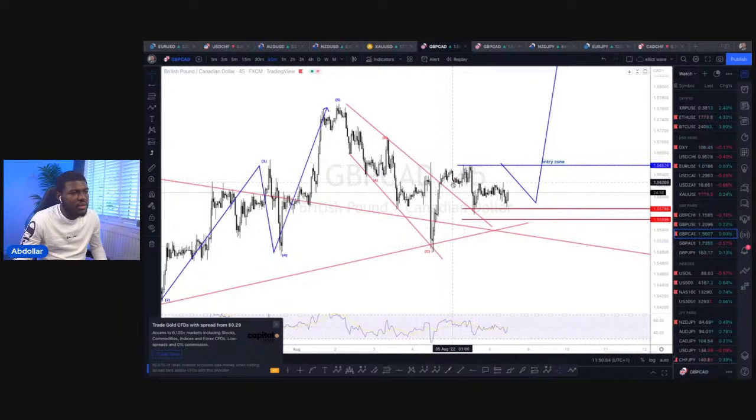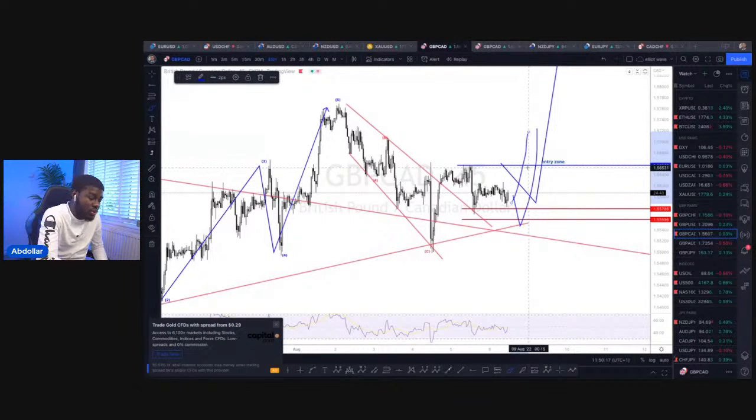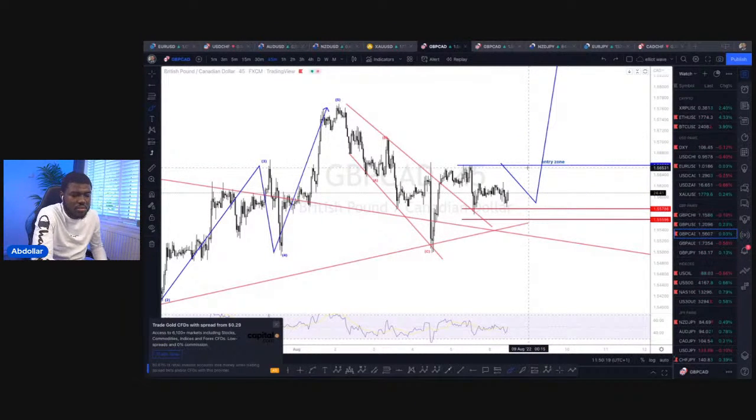There was a breakout of that parallel channel and there was a retracement. So let's see. It's either there's going to be more fall to the downside here, then we can join the buy, or there won't be any further fall and the market might just start going straight up. So those are the two possible scenarios for GBPCAD, Great Britain pound against the Canadian dollar.